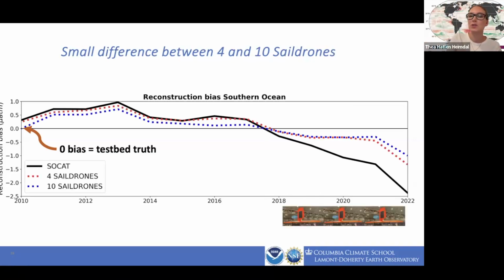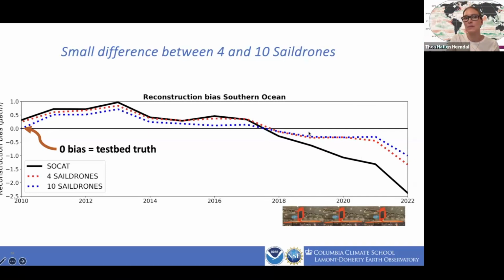Here we're seeing 2 different sail drone runs, so 2 different reconstructions. The red line represents 4 sail drones, and the blue line represents 10 sail drones being added from 2018 to 2022. What we see is that all of the reconstructions behave similarly, with positive reconstruction bias, until we add the additional sail drone observations.